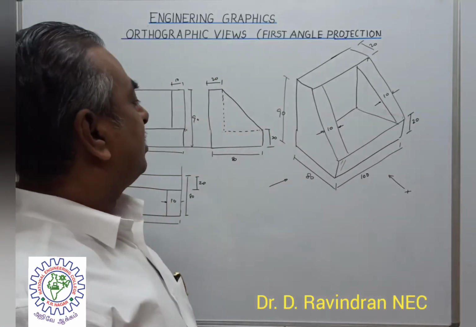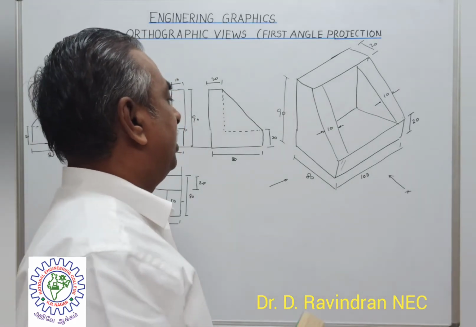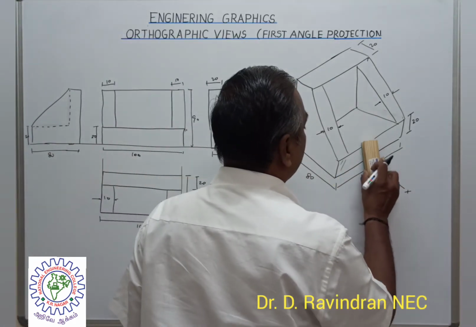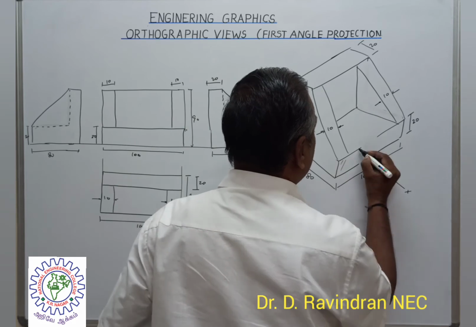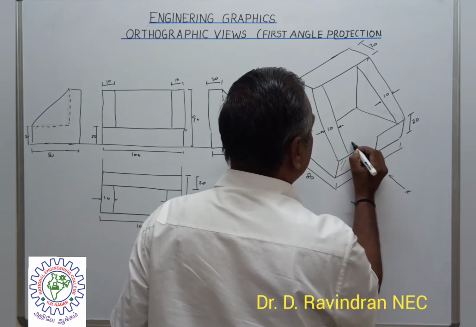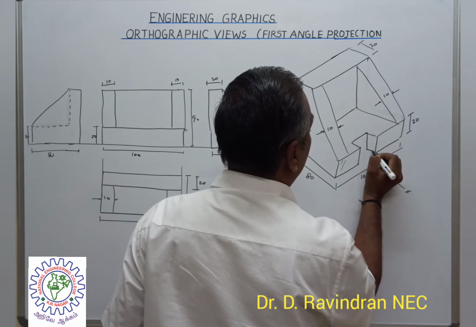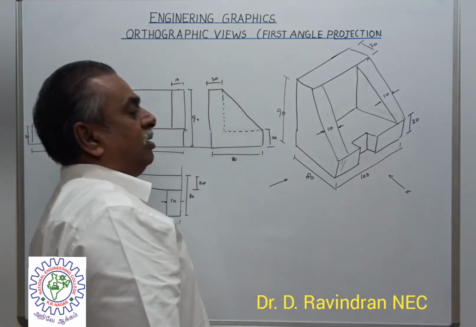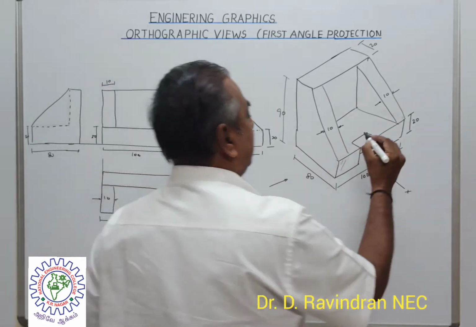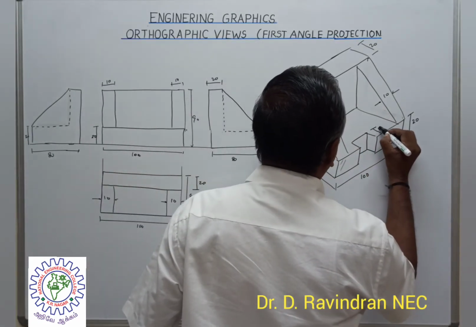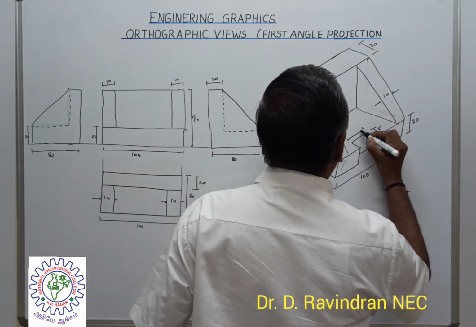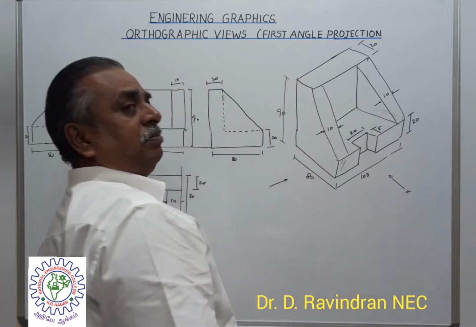Now further, let us try to modify this object by introducing a slot here. That means I am just introducing a slot like this, to the depth of 5 mm and then to the thickness of 20 mm.